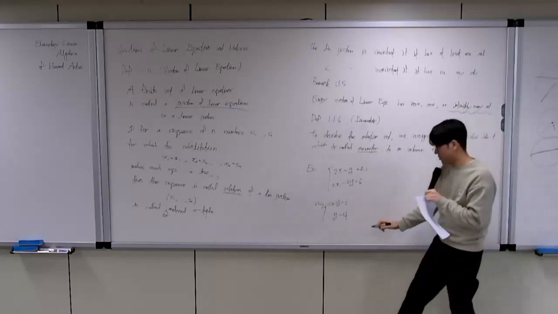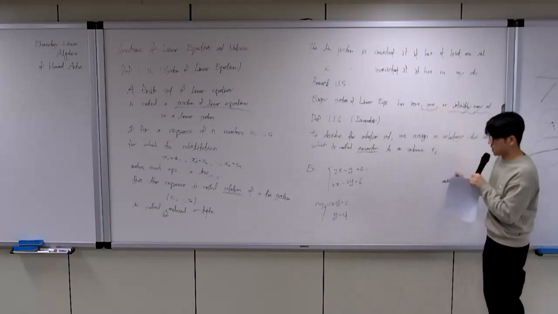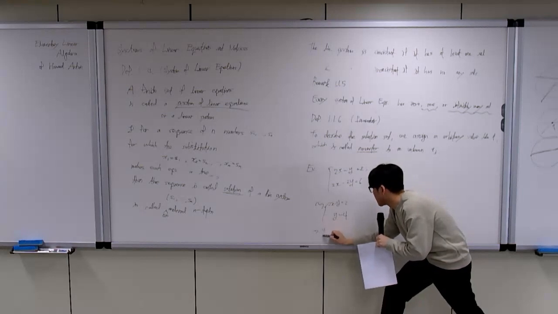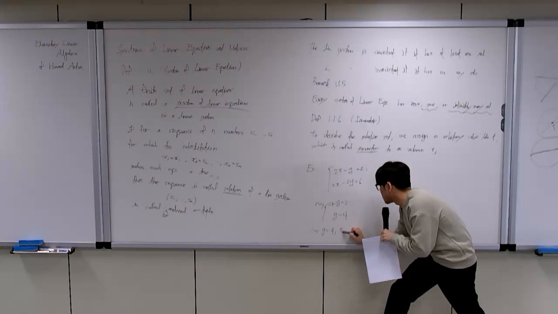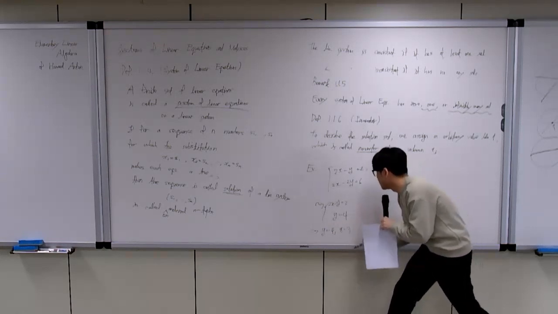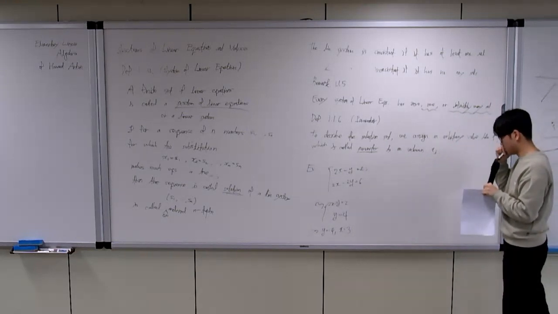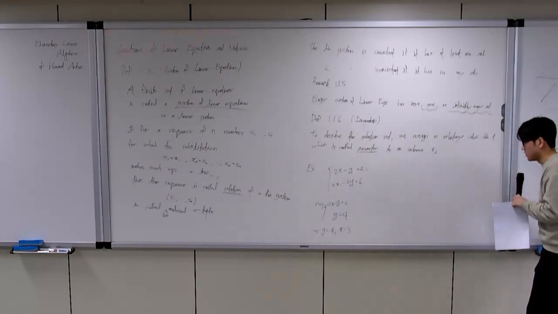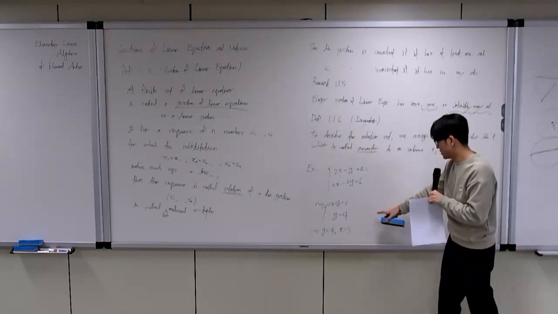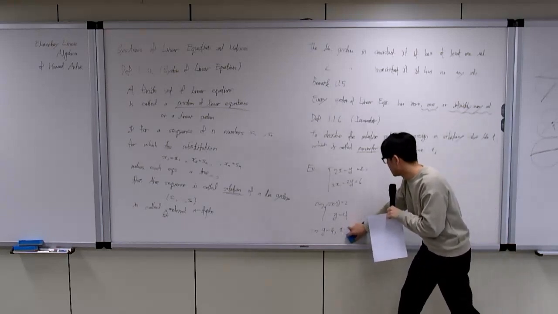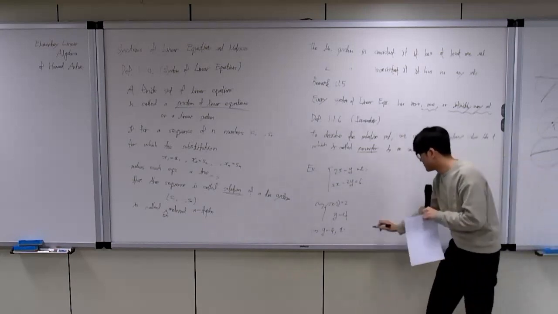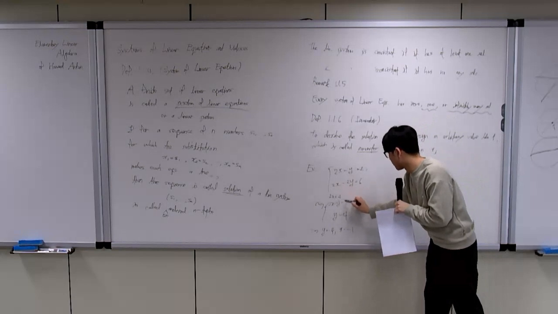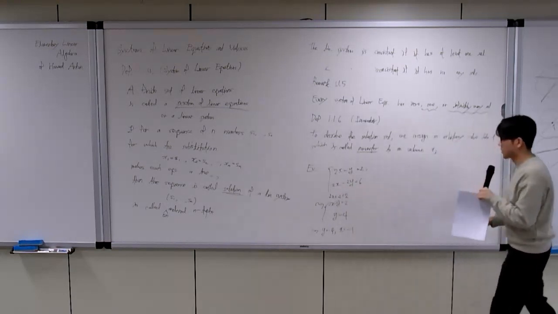Then it has only one solution. By substituting y into the equation, we get 2x equal 6, so x equals minus 1. Okay, thank you.